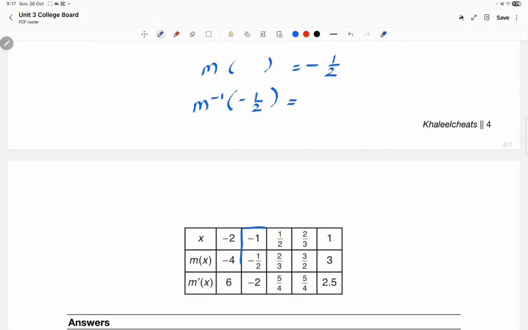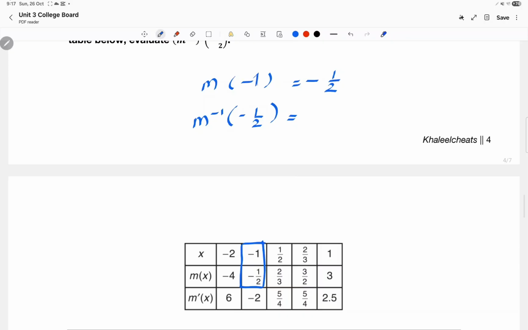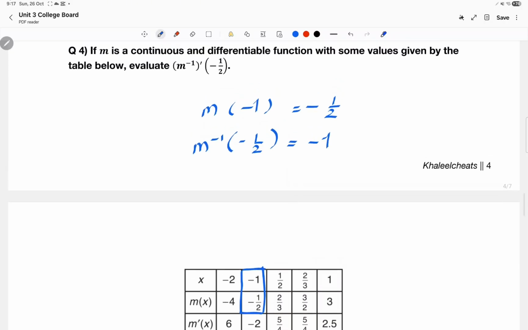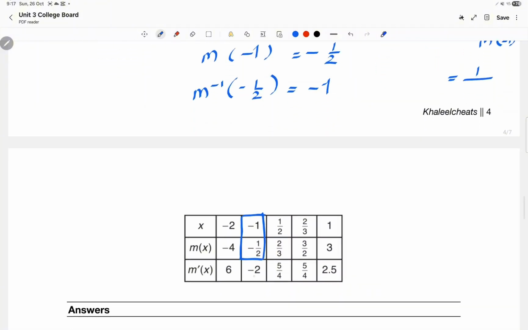So the x of -1 gave us -1/2. So x is -1. You must now find the derivative of the inverse function at -1/2. So 1 over m prime of -1. So 1 over, when x is -1, the m prime is equal to -2. That's going to be your answer.